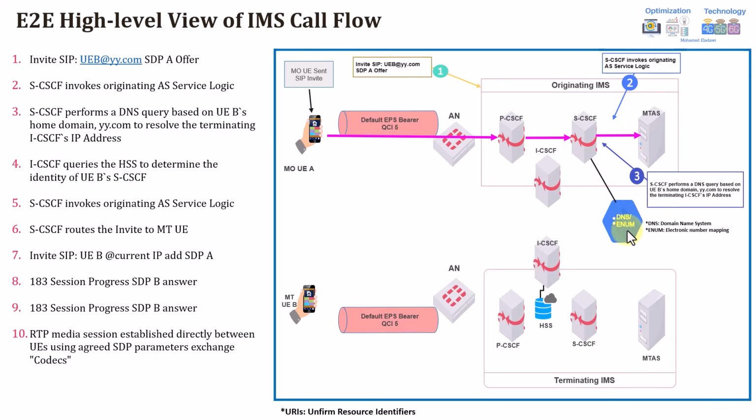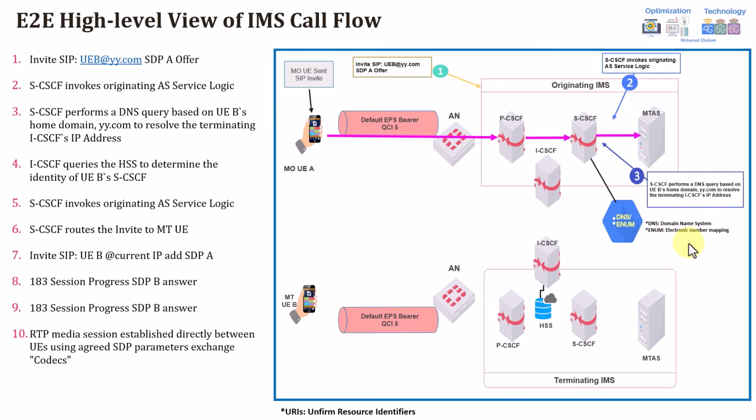What about ENUM? ENUM can do something similar. Within the same INVITE, you will also find that the contact number of the mobile terminating is shared. For example, the number of this user is shared. So what ENUM does is, it's a protocol that maps this telephone number into internet resources. For example, it will map it into IP addresses or something called SIP URIs, the uniform resource identifiers. This is the SIP URI.